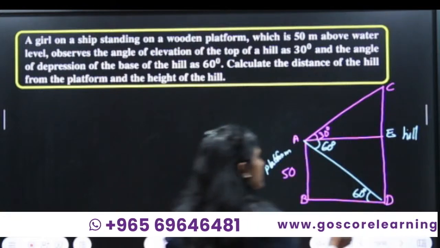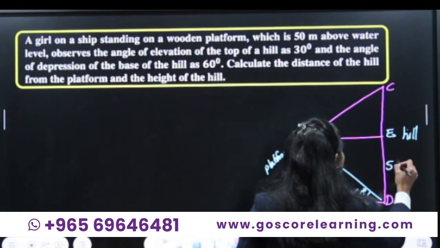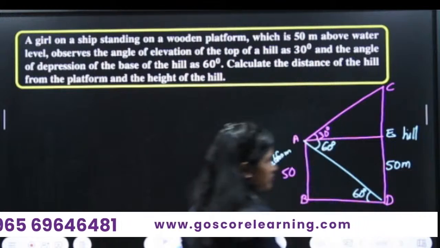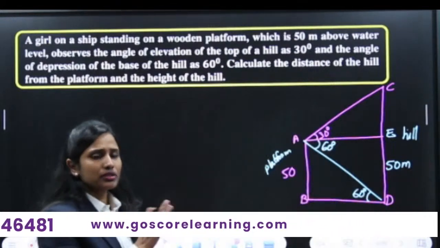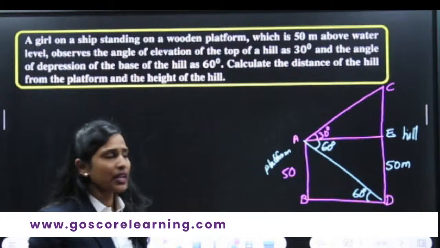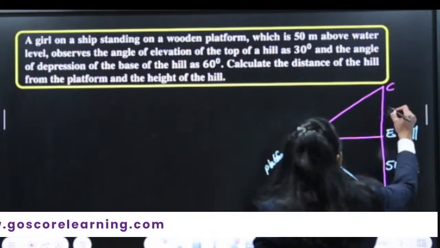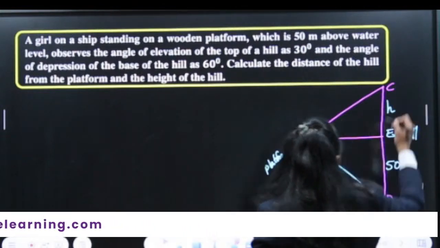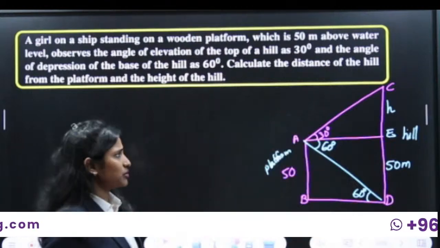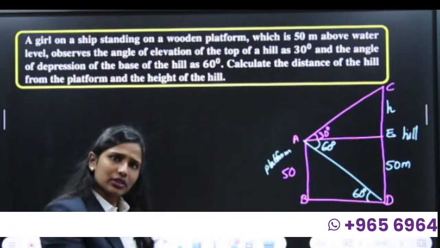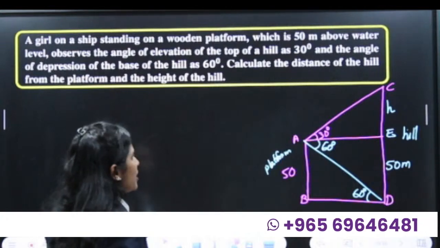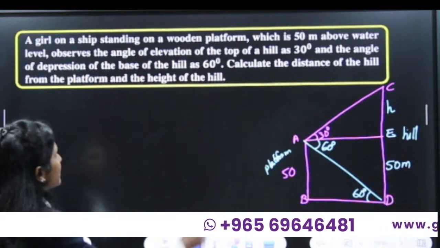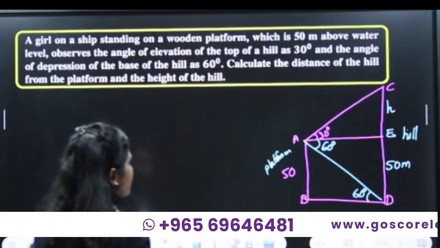So this DE also will be 50 meters. Okay, it also will be 50 meters. Clear? Now we will take the CE as some H or X or Y, whatever you like. It is height, so I took H. Simply that. Now, what we need to find, calculate the distance of the hill from the platform.